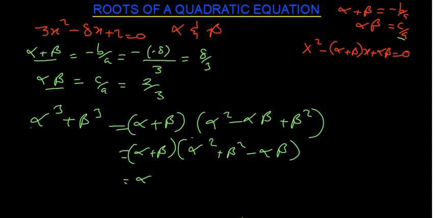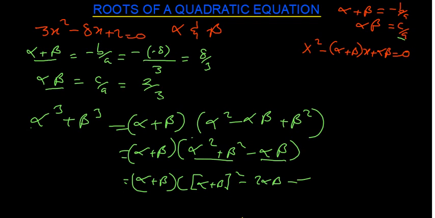So what we have is alpha plus beta. Now we know that our alpha squared plus beta squared is alpha plus beta squared minus 2 alpha beta, and then we have got also this part minus alpha beta. So that is what it is giving us.